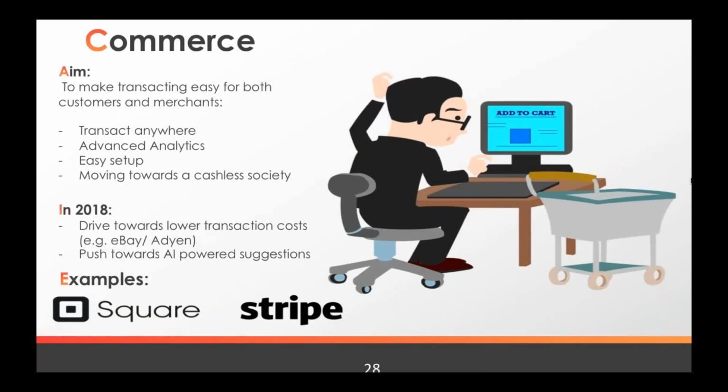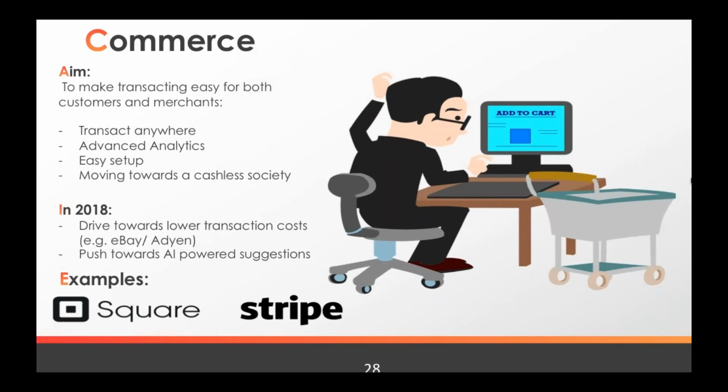The other one is Stripe, which is worth about $9 billion. This is a company that does payments online. Their key strength is that they can do payments very simply. You can incorporate their payment systems in just a few minutes if you're a merchant. What they're trying to do is minimize the cost for acquirers.